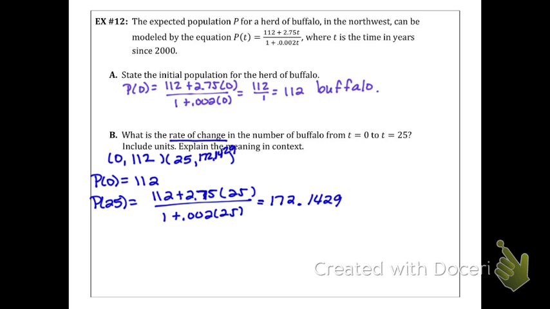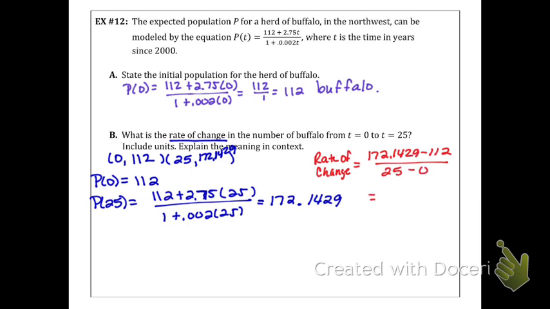And then I want the rate of change, which is our slope. So our rate of change is equal to our y2 minus our y1 over our x2 minus our x1.